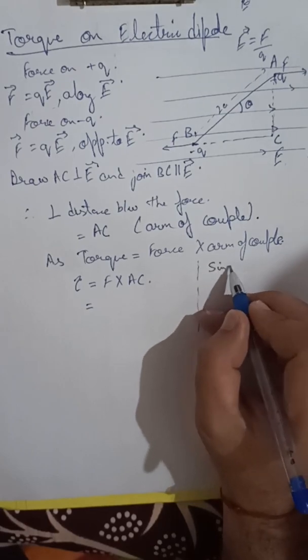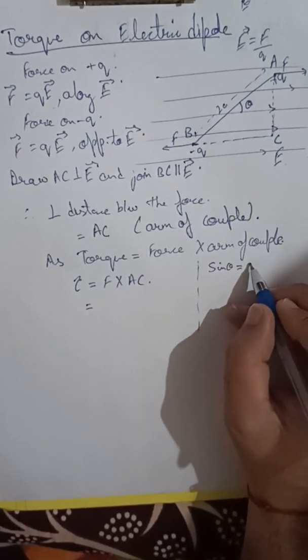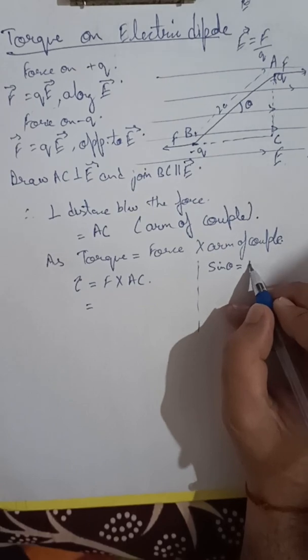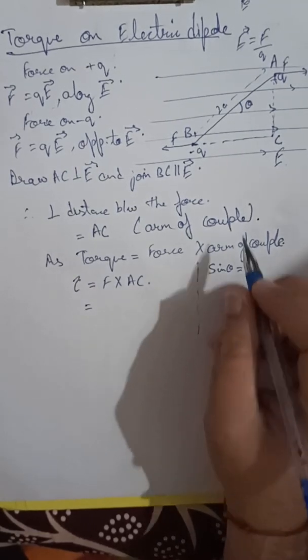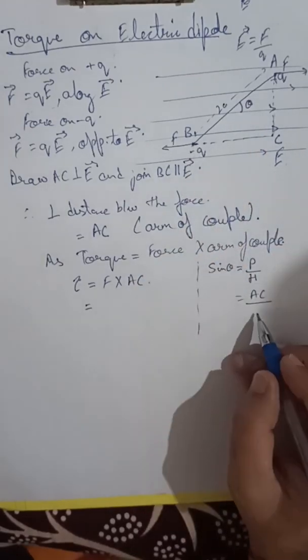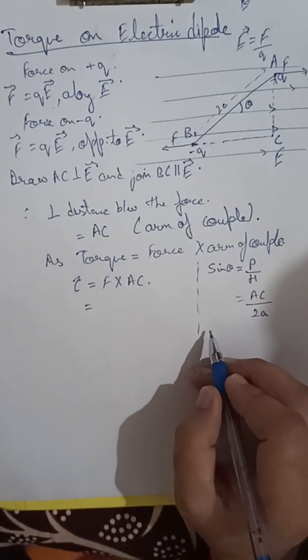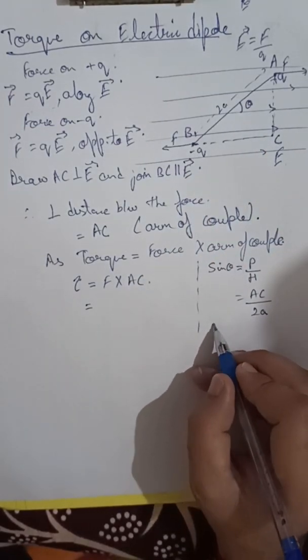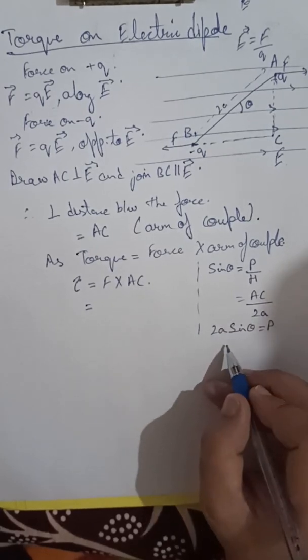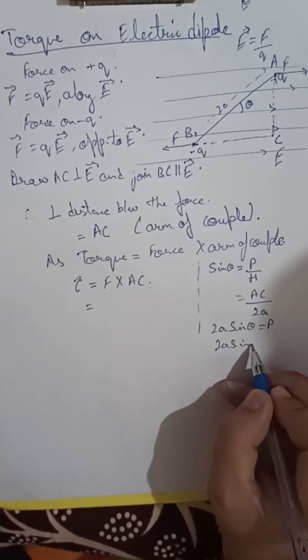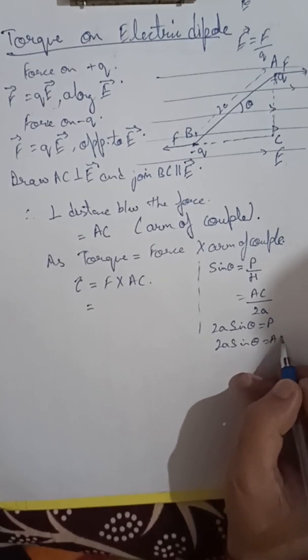By sine theta we have perpendicular upon hypotenuse. Perpendicular is your AC, hypotenuse is your twice of A. So twice of A sine of theta is equal to AC.